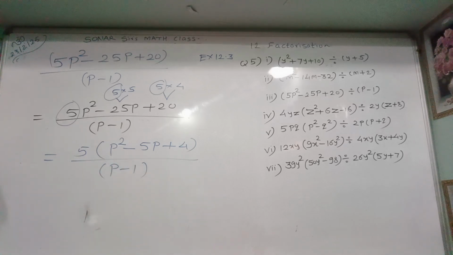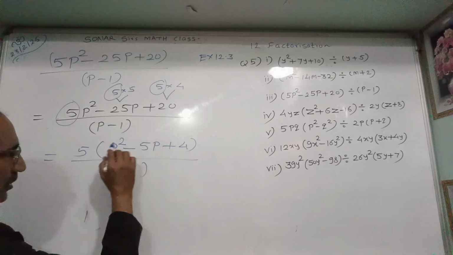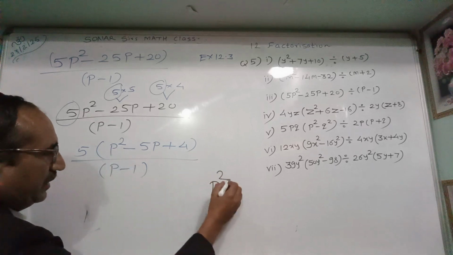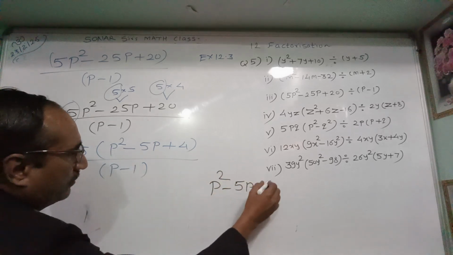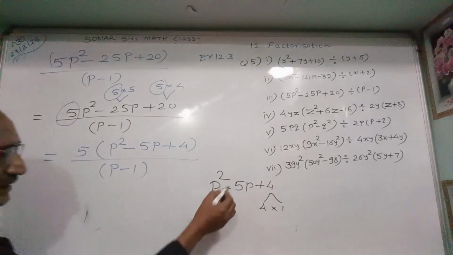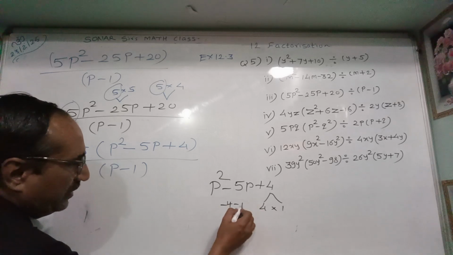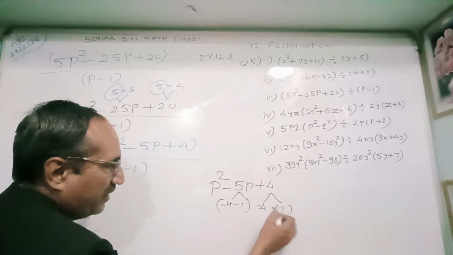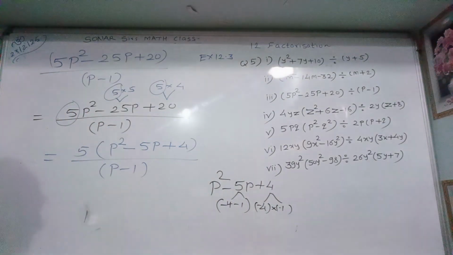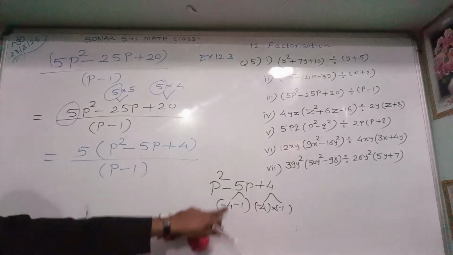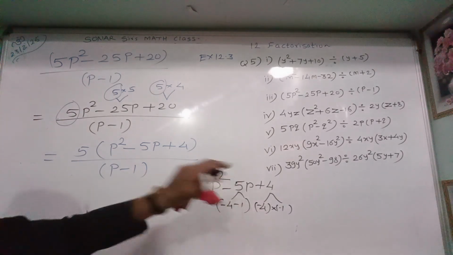Now again we have to find the factors of this quadratic expression. So we'll find factors like this: p square minus 5p plus 4. So product is 4, 4 ones are 4, and the addition is minus 4 minus 1. If we take minus 4 and minus 1, minus into minus becomes plus, and minus 4 with minus 1, same sign with addition, will get minus 5.